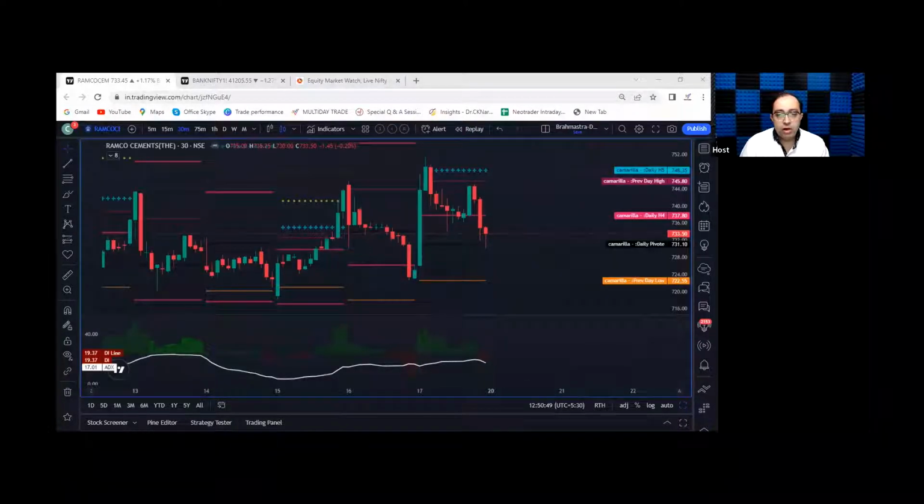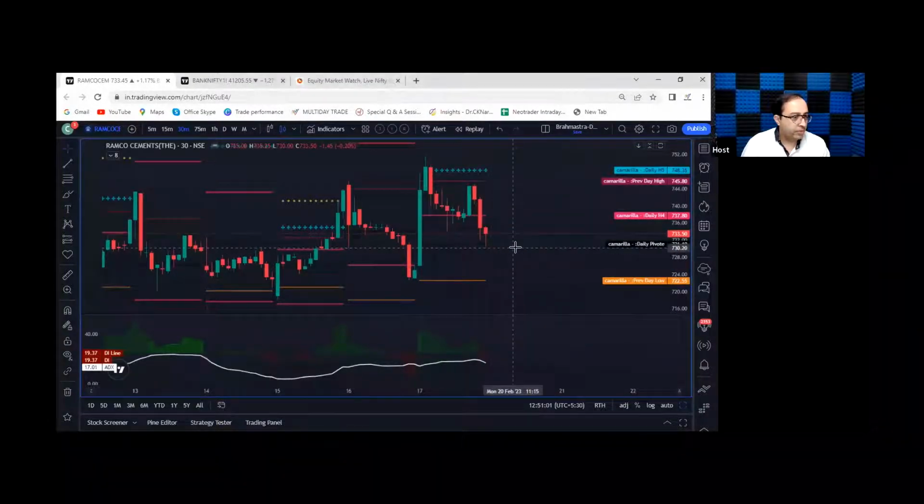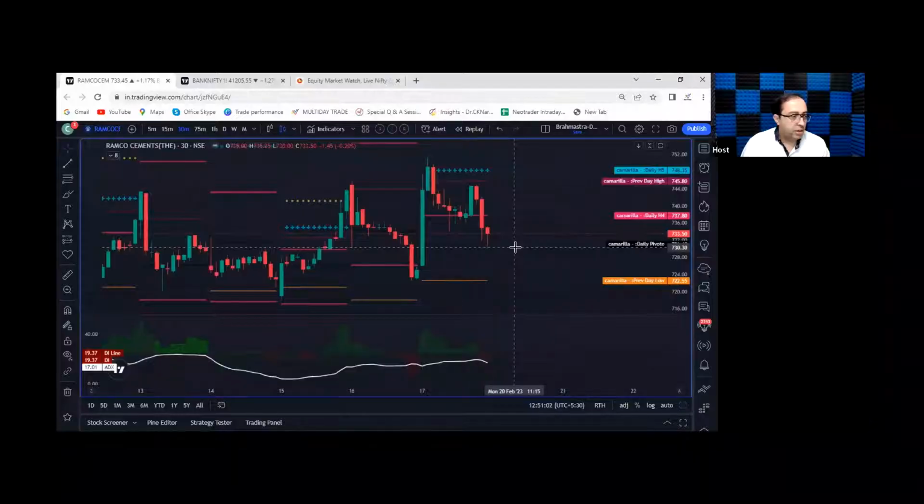If you are telling no, you have to tell me no. Short trade. Why short trade? Yeah, did it cross L4? Did you get minus DI? Then why will you go short? You will go short because you are thinking it is short. Am I right? You are thinking it is short.